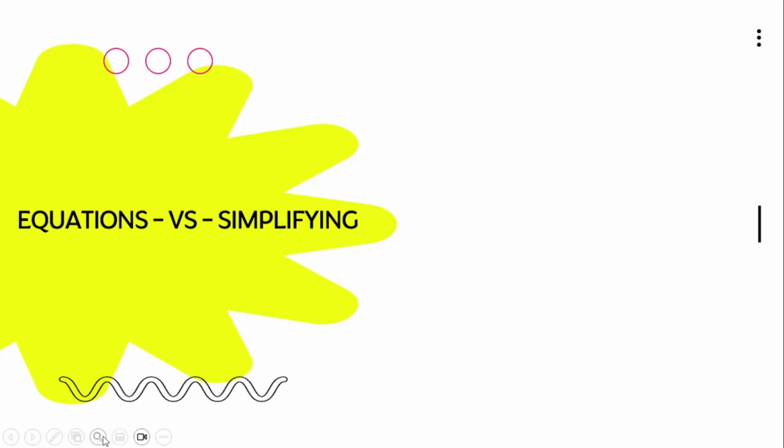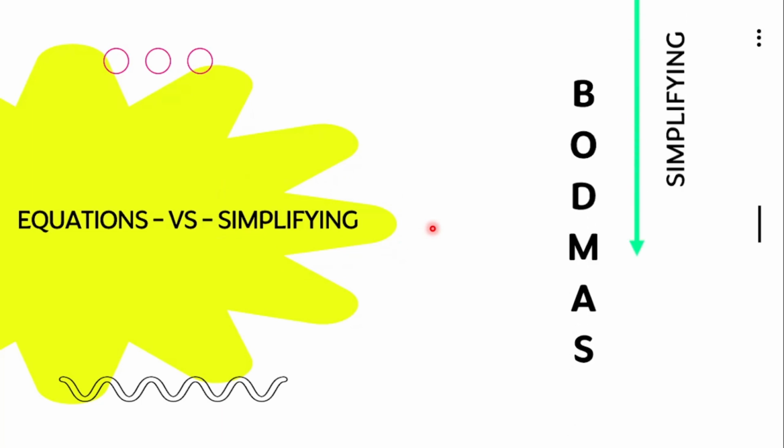You have already done simplification. Simplification starts off in grade 7, where you're just putting like terms together. You work with something called BODMAS: brackets, of, division, multiplication, addition, and subtraction.